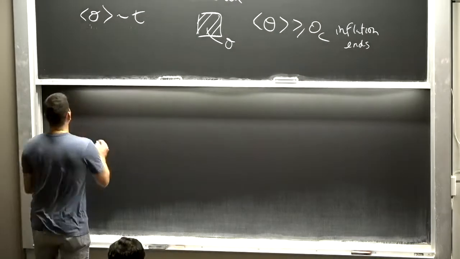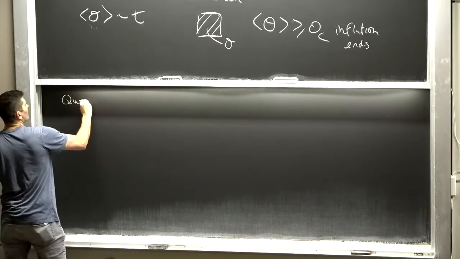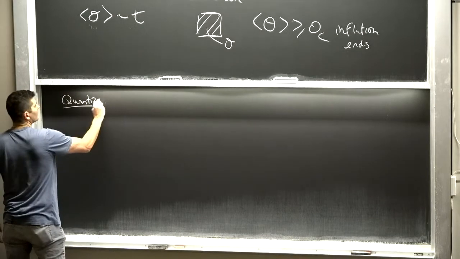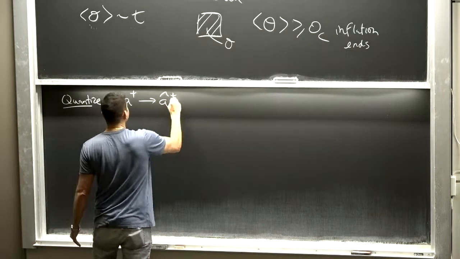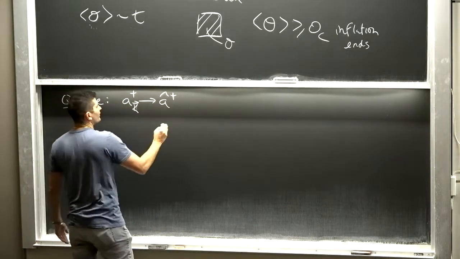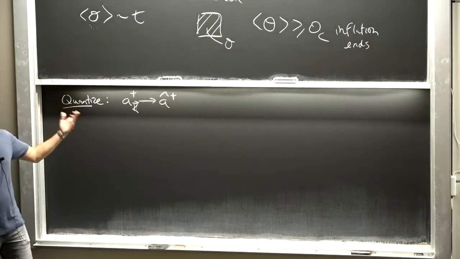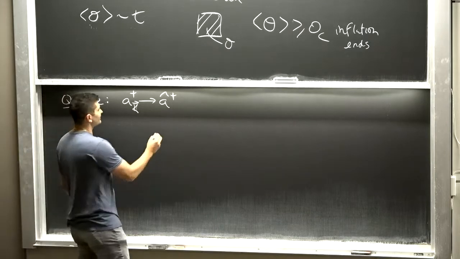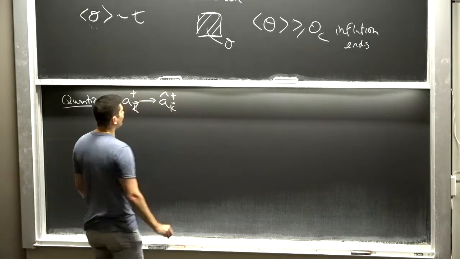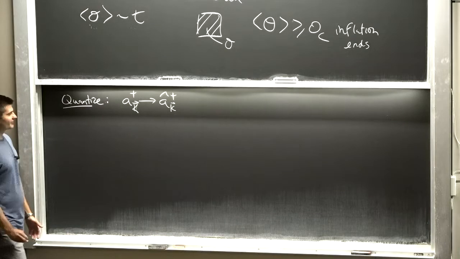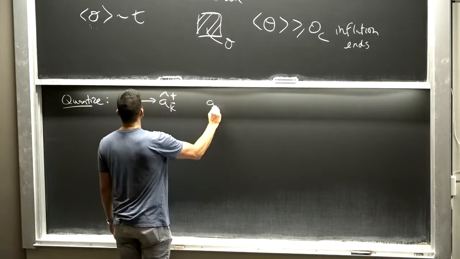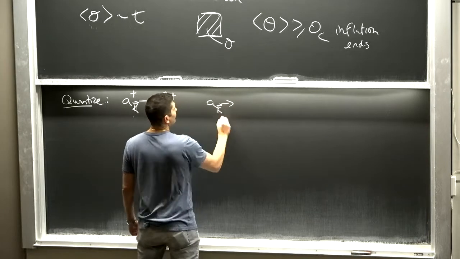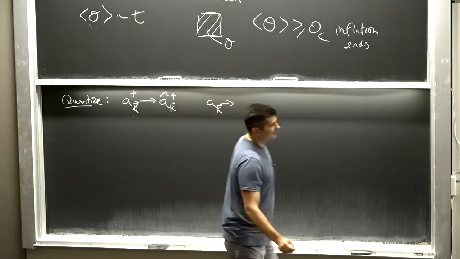So to quantize, I'm going to promote a dagger to a hat dagger. I know this is annoying because there's not lots of A's, but these are the standard conventions to just carry everything called A. And so we'll try to keep track of the K's for that reason. And similarly, A, K will go, oh, I'm supposed to put a minus sign here.